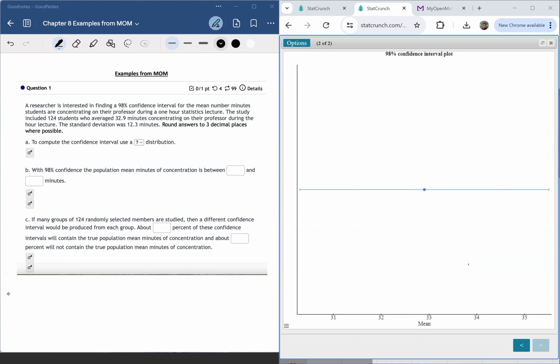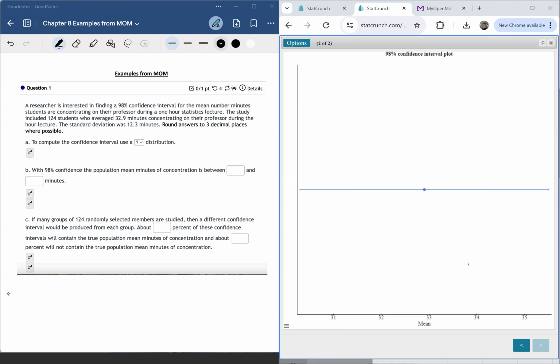But that's just one data point. So what we want to do is be really sure that the average of the entire class, all the students, is going to be close to that 32.9. We want to know where that true average is. If you look at the bottom, it looks like it goes from about 30 all the way to 35 or 35 and a half.